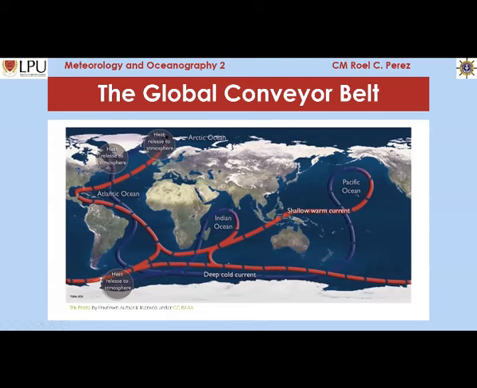So because of that, I have explained already before that the water will freeze, leaving most of the salt in the surrounding sea. So the surrounding sea becomes saltier and thus heavier. So it will sink and it will drive this global conveyor belt. So that is the direction.